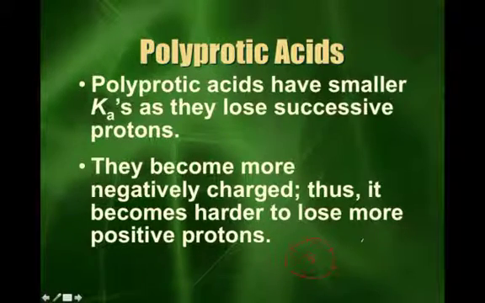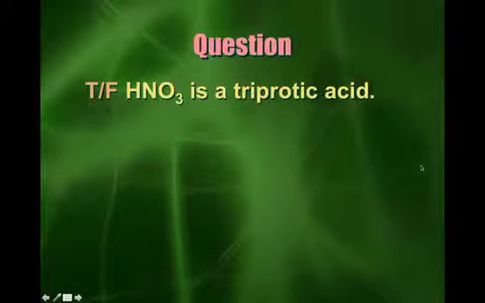But remember, if there's a negative out here somewhere, the negative is going to be repelled, because that force is going this way and this one's force is going this way, but there are more pushing out. Since there are more pushing out, it's going to be very difficult for that one to bond to those positive charges. So I know it's a rough picture, but it helps you understand. Polyprotic acids become more negatively charged, thus it becomes harder for them to lose more of their positive protons.